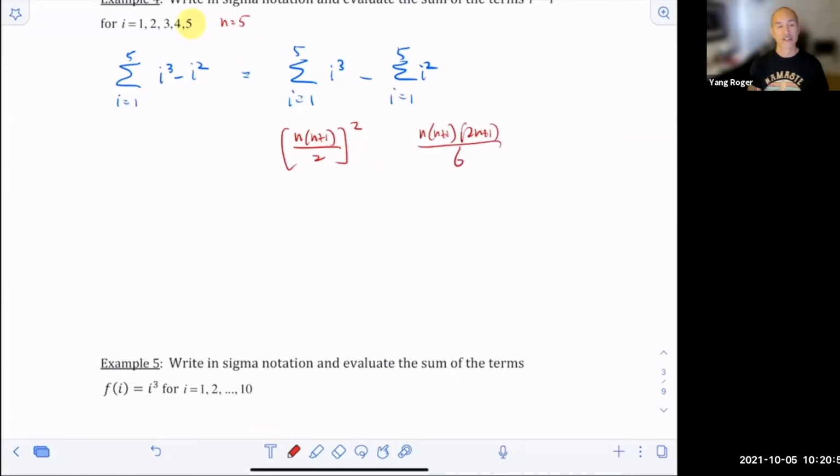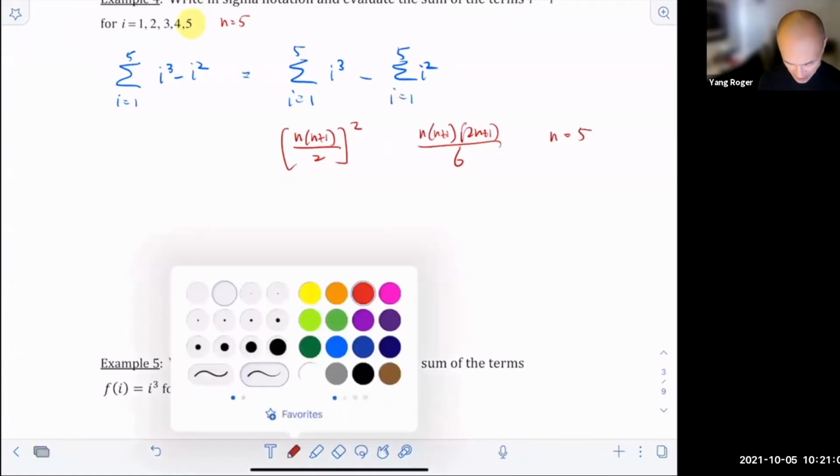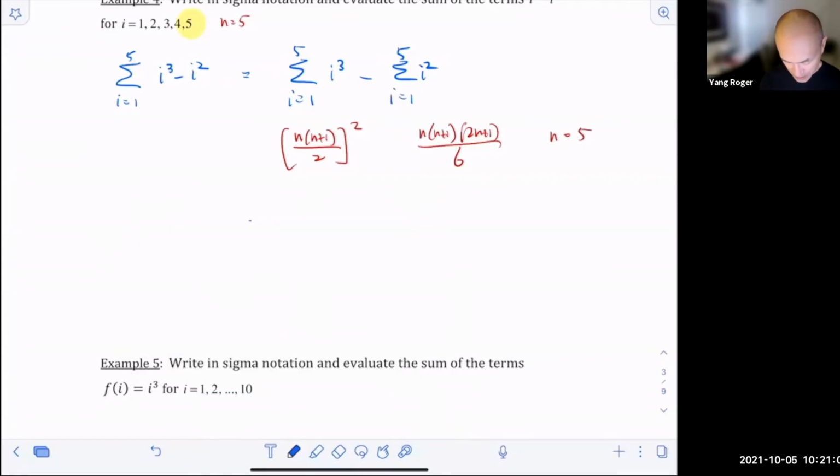So we just need to evaluate what those things are, where n is equal to 5 in our case. So I just pop those guys in. I get 5 times 6 divided by 2 squared minus 5 times 6 times 11 divided by 6.